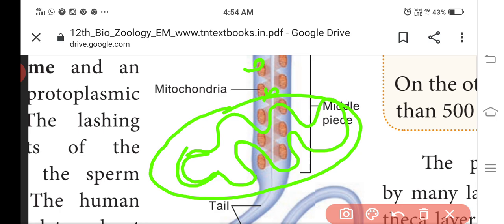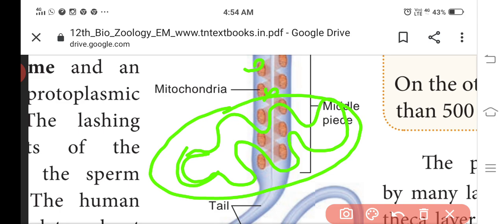Energy is obtained from the mitochondria. That is called the mitochondrial spiral or sheath. Understand?